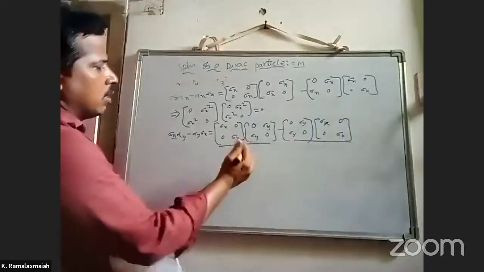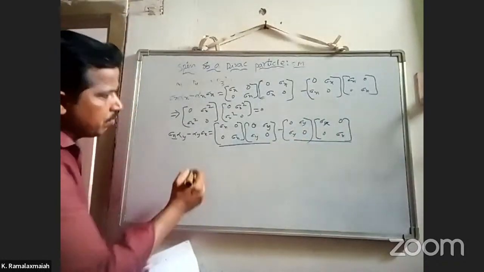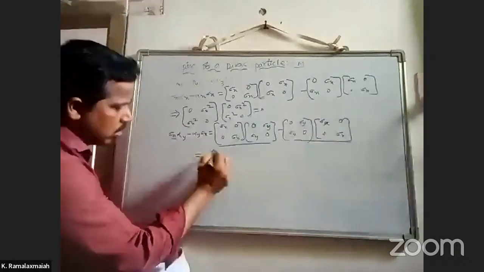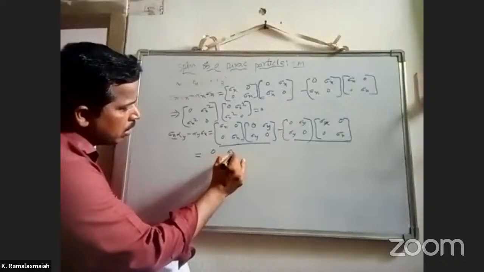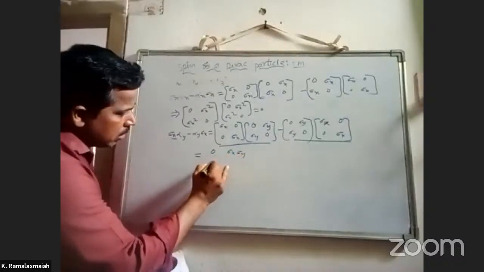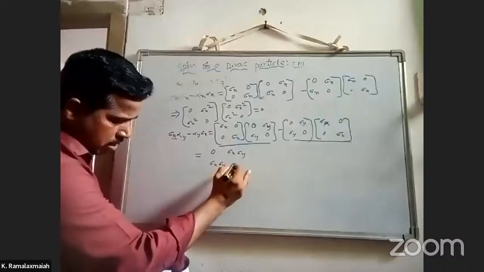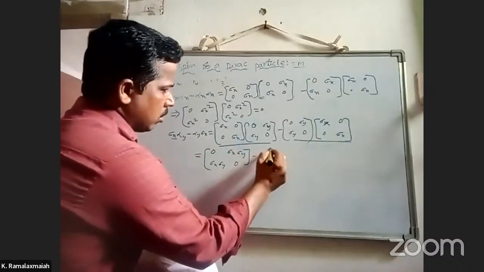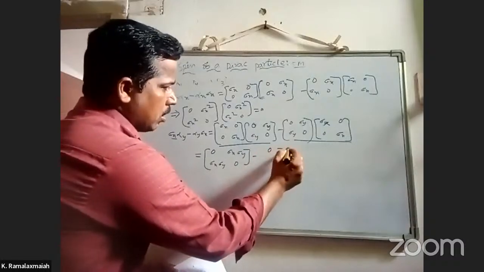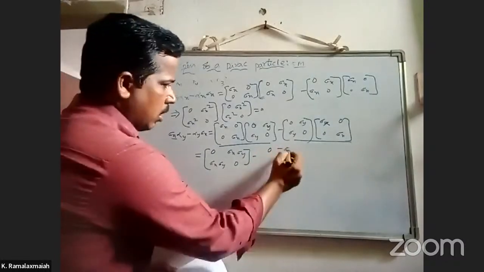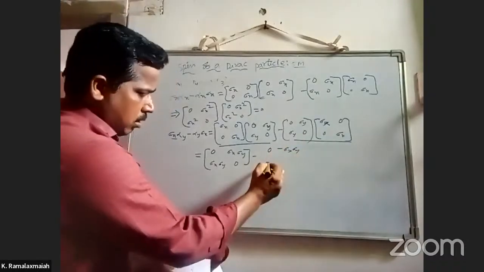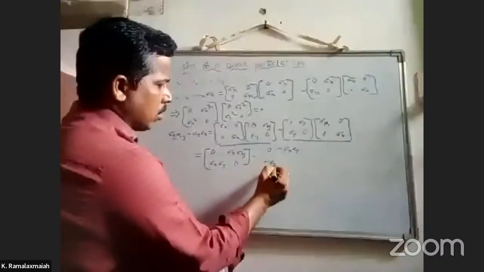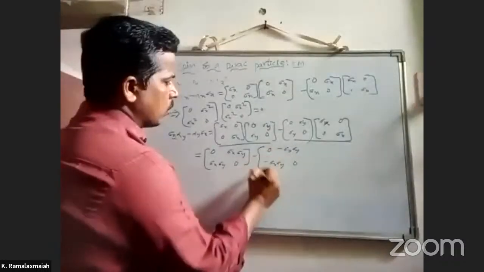So you multiply this, multiply this, and this multiply. Also, finally the equation: 0, sigma x, sigma y, sigma x, sigma y, 0, minus 0, minus sigma y, sigma x, sigma y, minus sigma x, sigma y, 0.